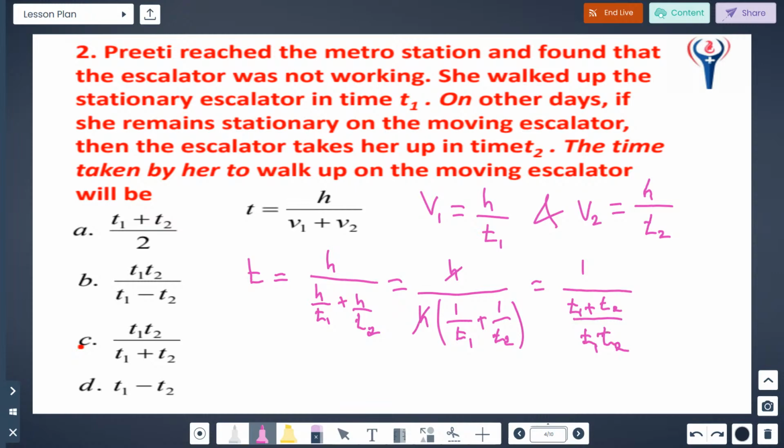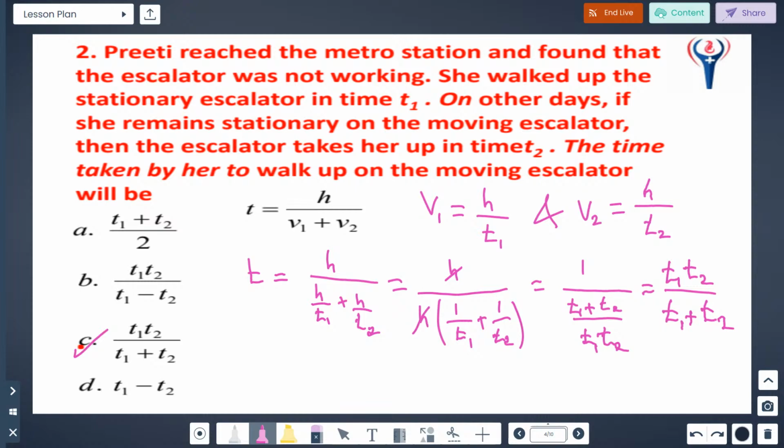This t1 into t2 comes up, then that is equal to t1 into t2 divided by t1 plus t2. That is option C. Option C is the correct answer.